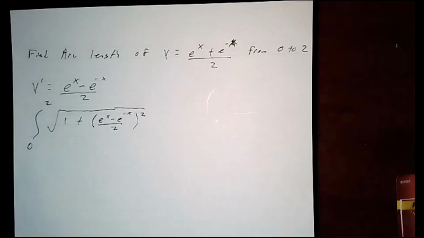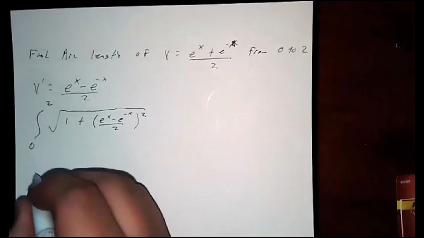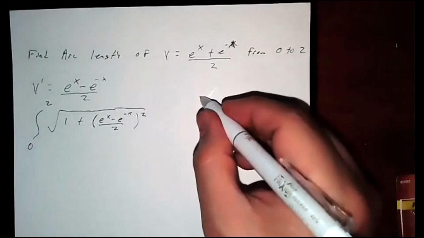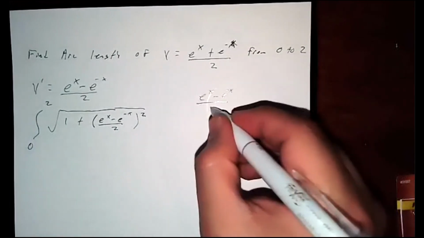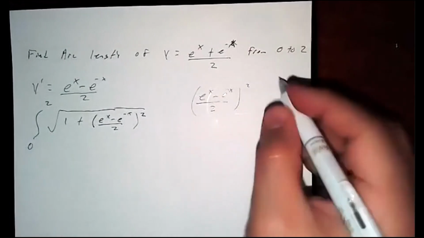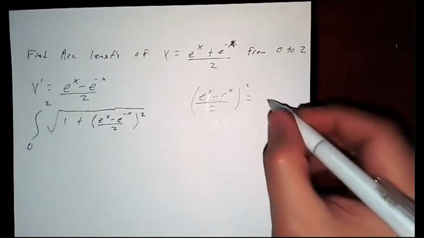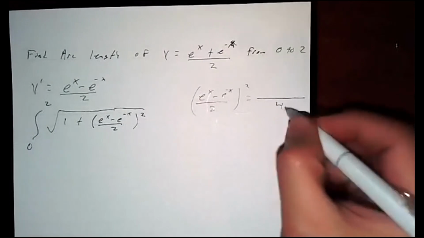Okay. So squaring this will give us what? Do it over here somewhere. That would be 4 on the bottom.